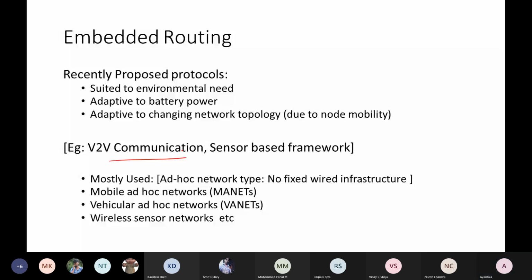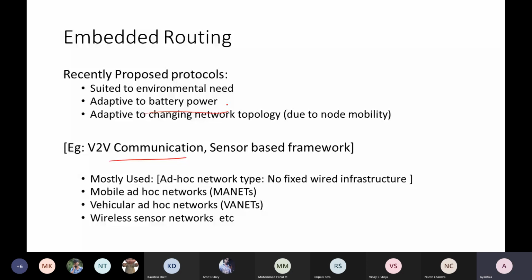So wireless sensor networks and mobile ad hoc networks, both concepts should be connected together to understand this embedded routing. Along with that, whatever protocol we choose should be adaptive to battery power, and also adaptive to changing network topology.